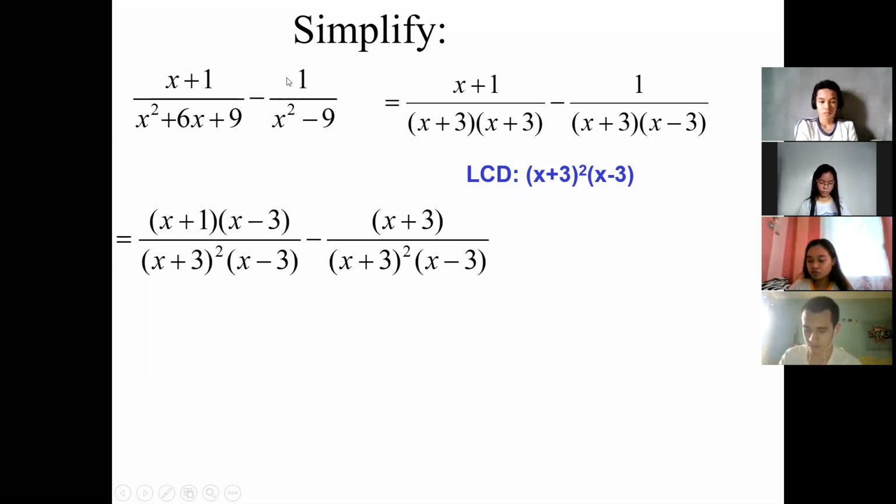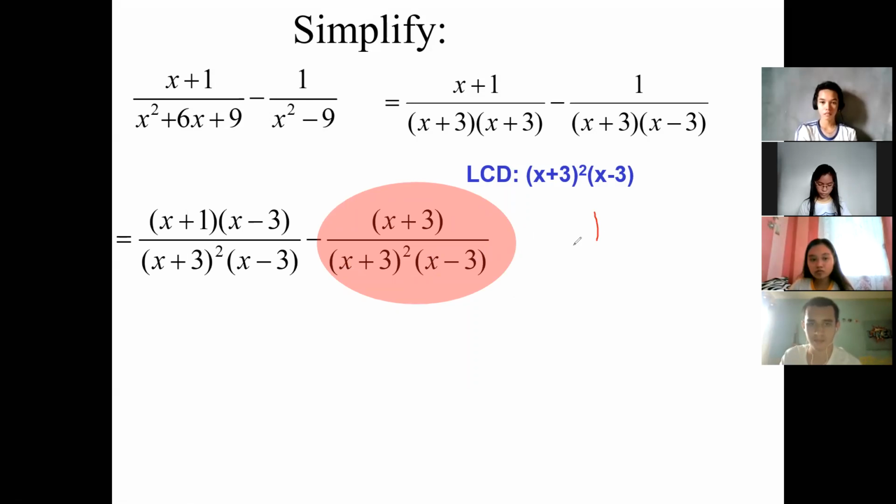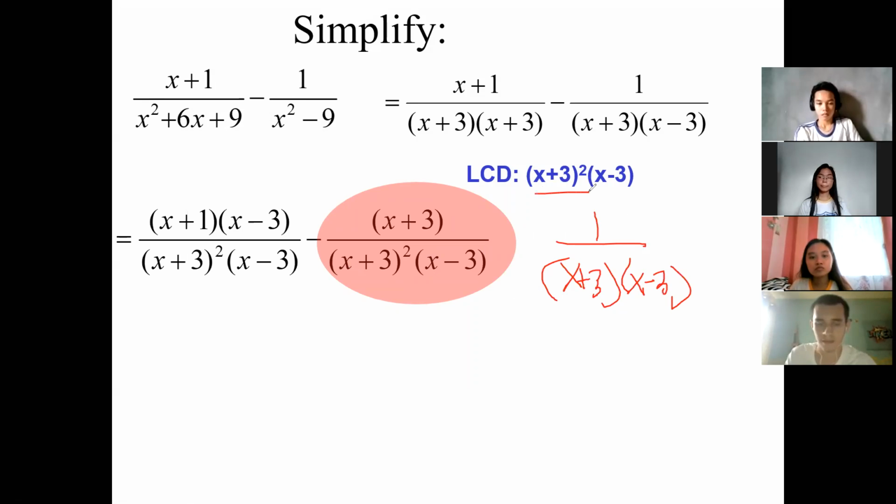However, if you are going to look at this solution, this part here actually is from the value 1 over x plus 3 and x minus 3. And since in the problem you have 2x plus 3 as our denominator, we multiply both numerator and denominator by x plus 3.